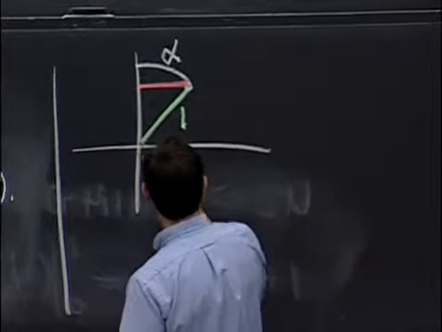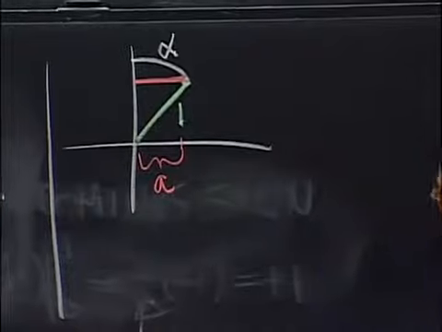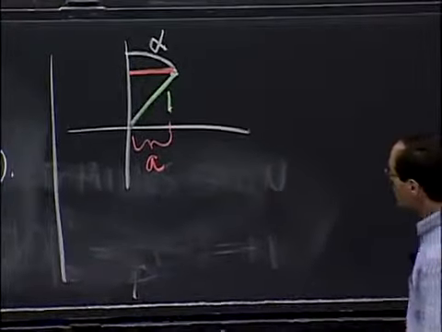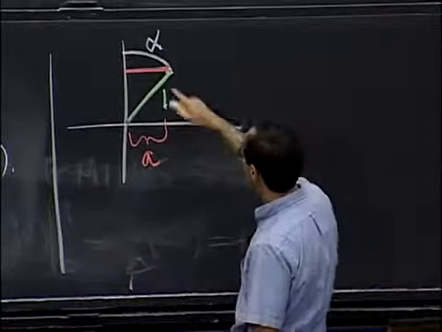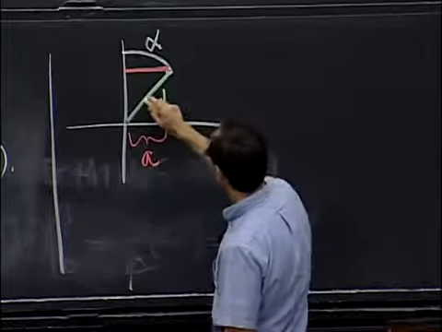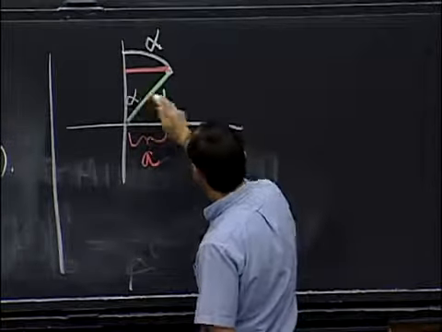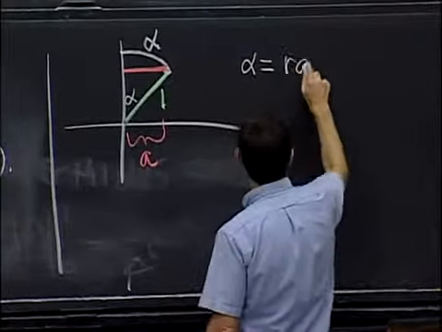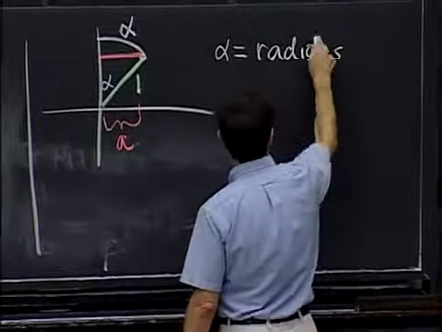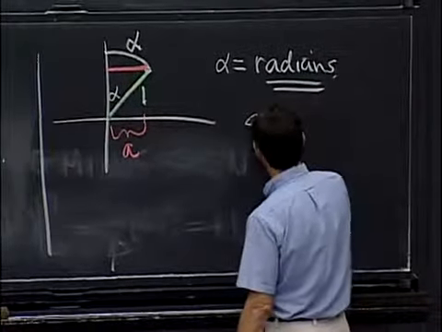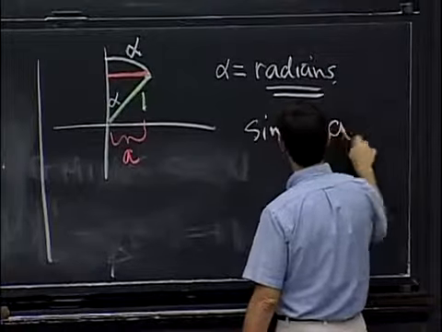So the geometric interpretation of this is that this angle is alpha radians, and sine alpha is equal to a.